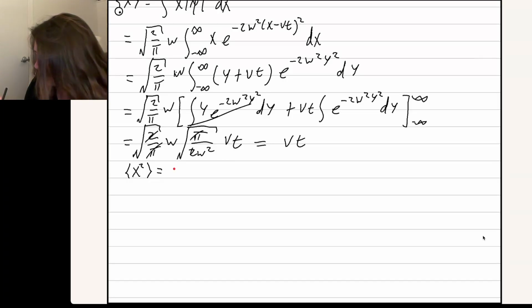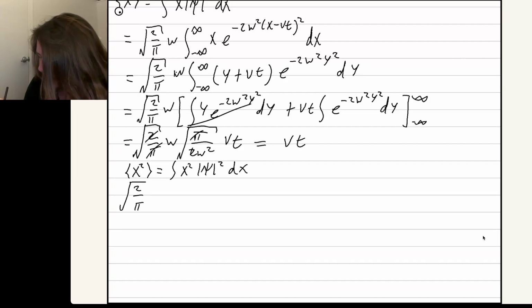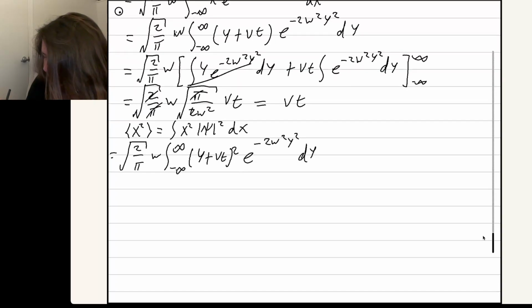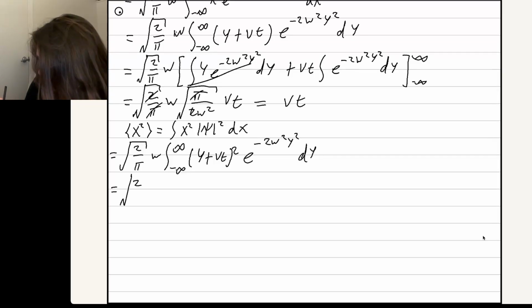The expectation value of x squared now is going to be x squared times psi squared in the integral. So we've got root 2 over pi w, integral from minus infinity to infinity, of (y plus vt) squared times e to the minus 2 w squared y squared dy. We can expand that square a little bit.